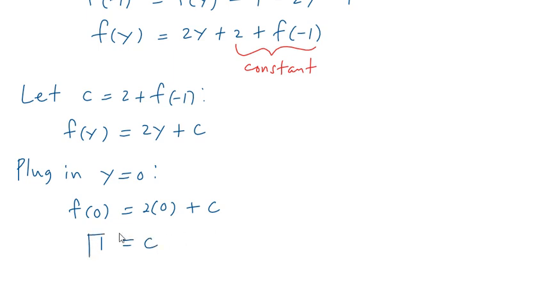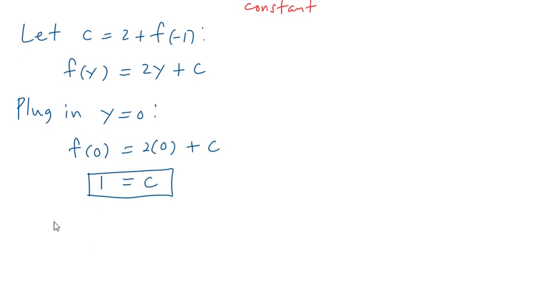So c is equal to 1. So our function then is f of y equals 2y plus 1. You can easily check that this function satisfies the given condition. Now, let us replace y by x. So we have f of x equals 2x plus 1.